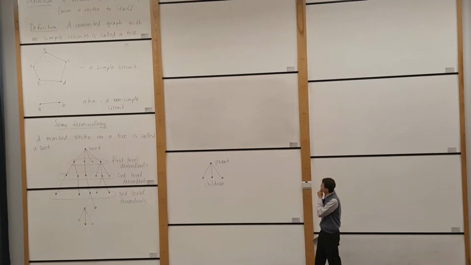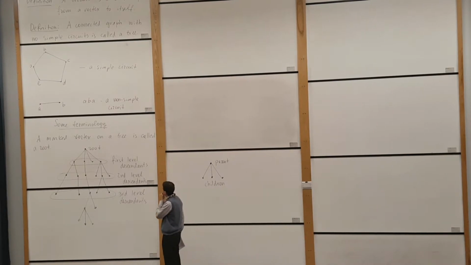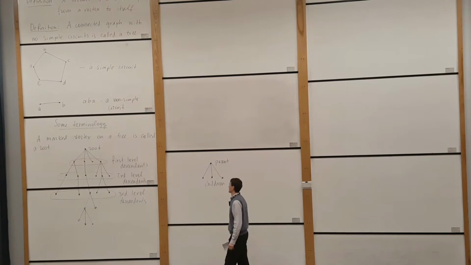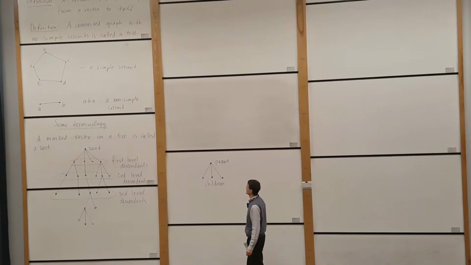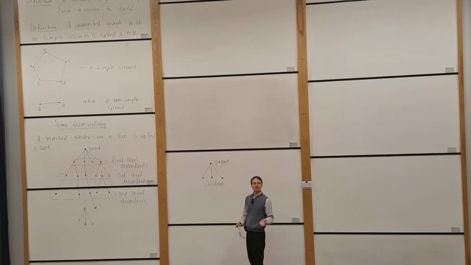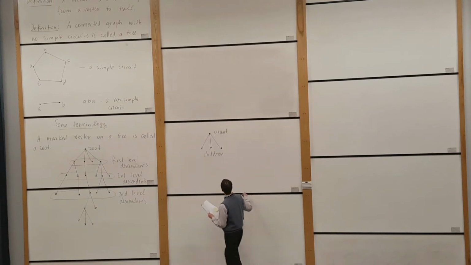This terminology is a mix of family trees, where vertices are humans who have children and descendants, and botanical terminology like roots and leaves. Next I will explain what a leaf is.